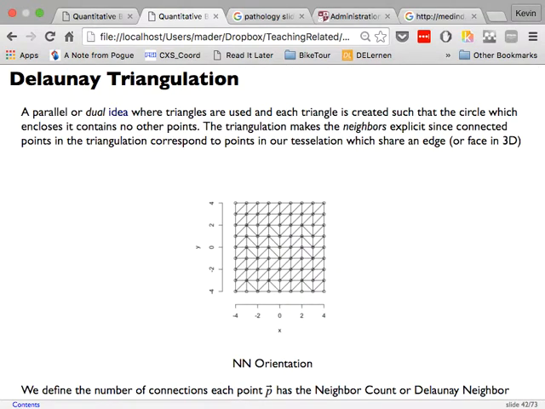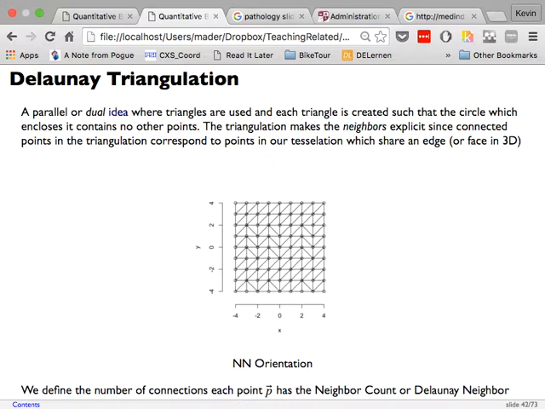So Delaunay triangulation is sort of the next tool we have, and it's really the same as this Voronoi tessellation. It's just another, or a dual, way to look at this. And so this makes the neighbors that we have in our system very explicit. Basically, the Delaunay triangulation is these triangles that connect all of the objects in your system without ever crossing.